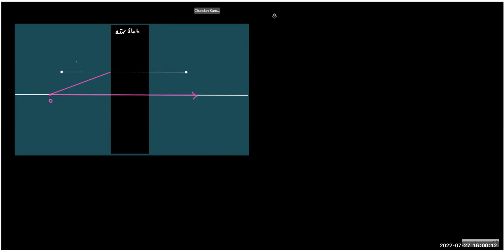Tell me guys. Sir, away from the normal. Correct? It will go away from the normal. And after that, the light ray will go parallel to the original one. So let me draw this line first, extend this line.